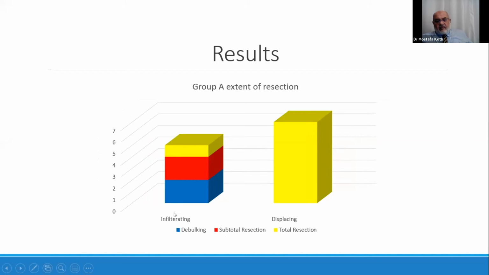In cases of infiltration, we were not able to do total resection except in a small percentage of patients, while in cases where the tracts were displaced and functional areas were displaced, we were able to do total resection in almost all cases.